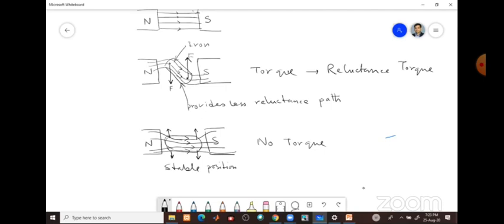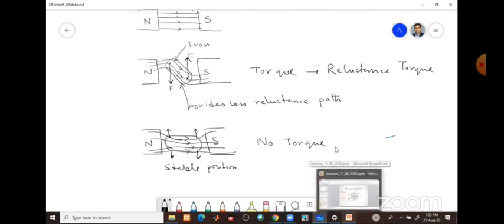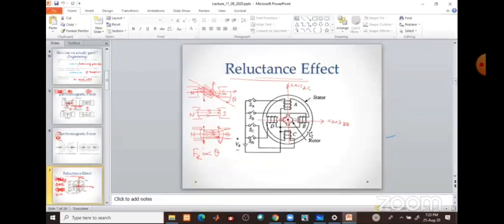If I go on changing my north pole south pole position like this, if I have a rotating north pole and south pole, then this iron piece also will rotate. So in this way we can create some constant torque. Is that clear? So this is called the reluctance torque. By reluctance torque also some machines are built.